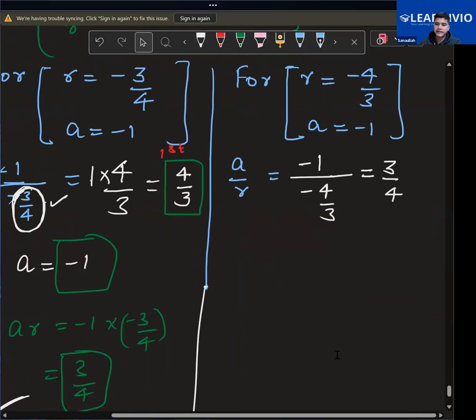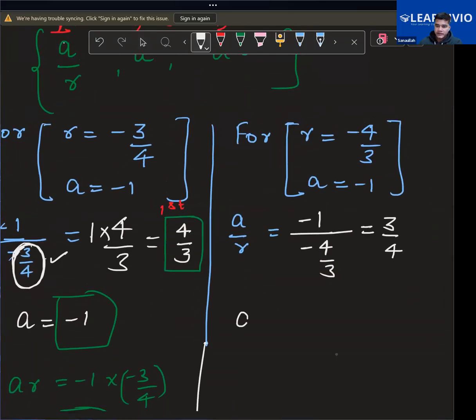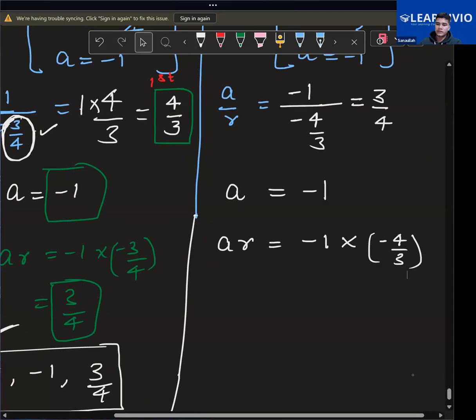So we got the first term. What is the second term? Second term is a, that is minus 1. And what is the third term? Third term is ar. So minus 1 multiplied by r, that is minus 4 by 3, so we have 4 by 3.